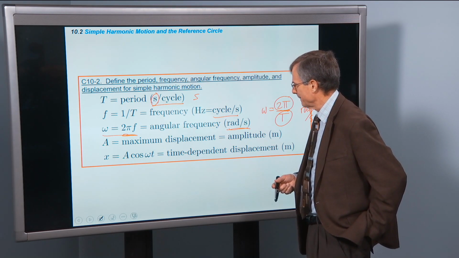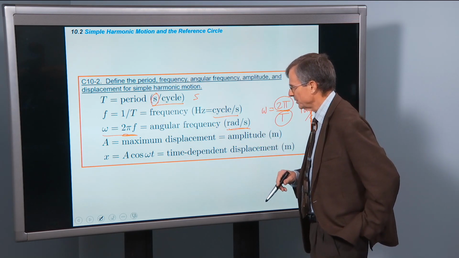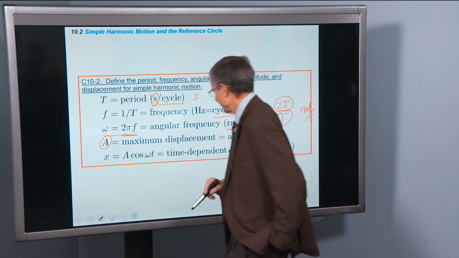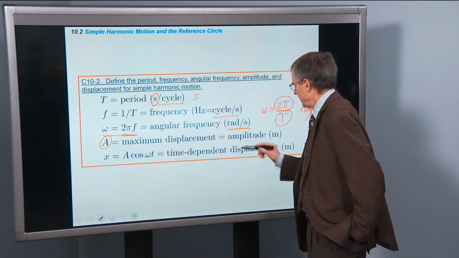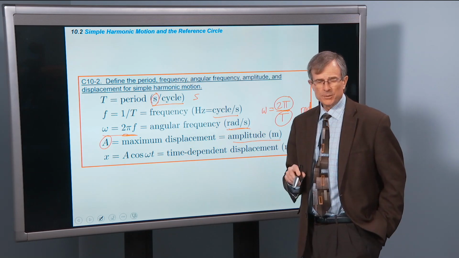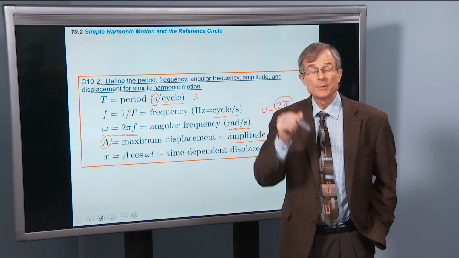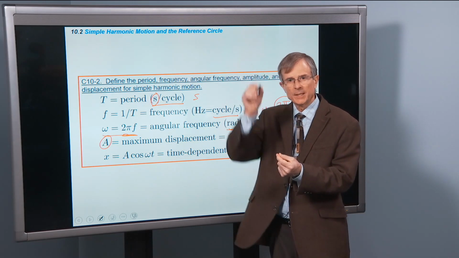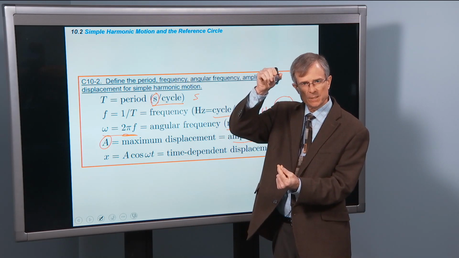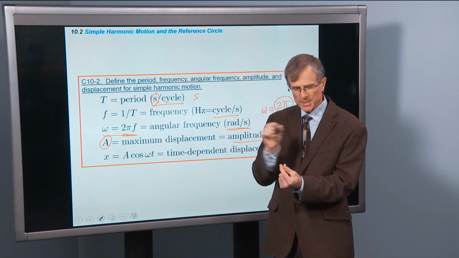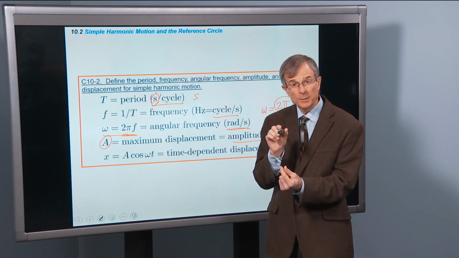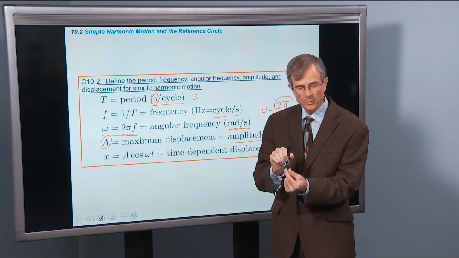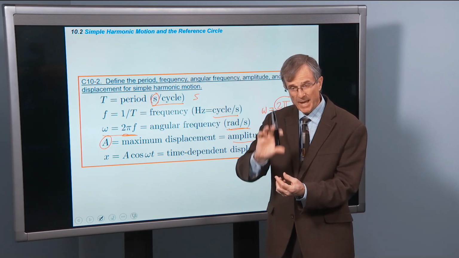But that, then the amplitude. So this amplitude, this is an important one. The amplitude is measured in meters, and it is the maximum displacement from equilibrium. If it's oscillating like this, it's not the peak-to-peak distance. It's a distance from the center point, the equilibrium position, either vertically upward or downward.